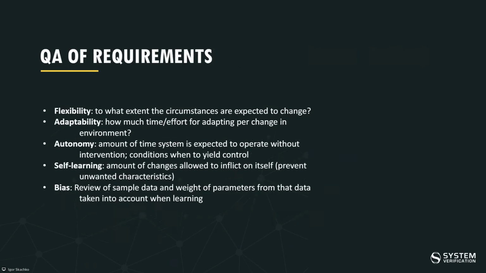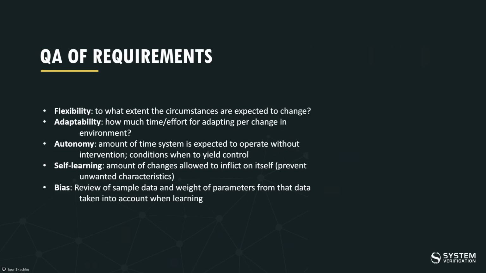Now, when it comes to requirements, let's get back to this very important topic, because QA of requirements in AI-based systems seems to be much more important and much more robust than in regular conventional software. We need to know which requirements we need to focus on corresponding to each of the quality characteristics. So flexibility, for example, needs to describe clearly and precisely to what extent the circumstances are expected to change.